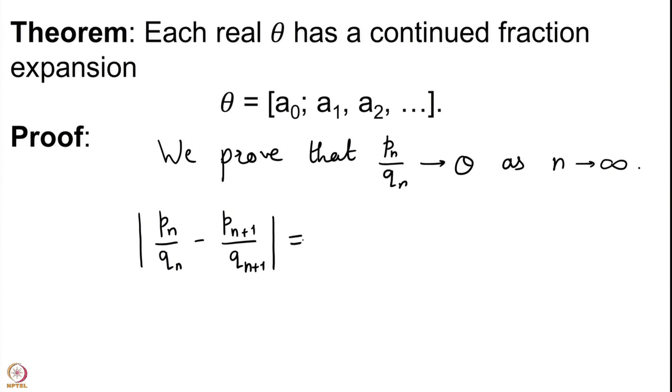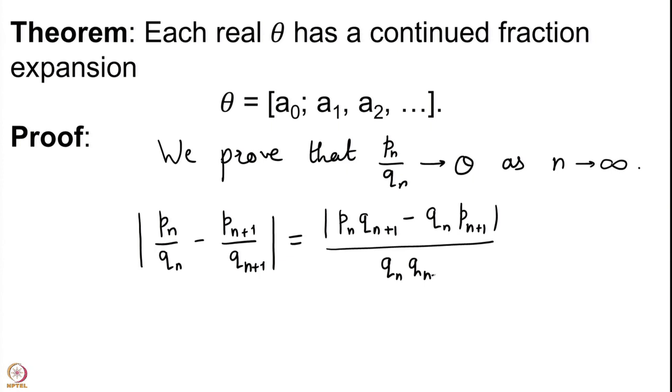So, Pn upon Qn minus Pn plus 1 upon Qn plus 1, this is of course Pn Qn plus 1 minus Qn Pn plus 1 upon Qn Qn plus 1. There is a mod, but we note that the denominators are always taken to be natural numbers. So, we do not need to put the mod here.